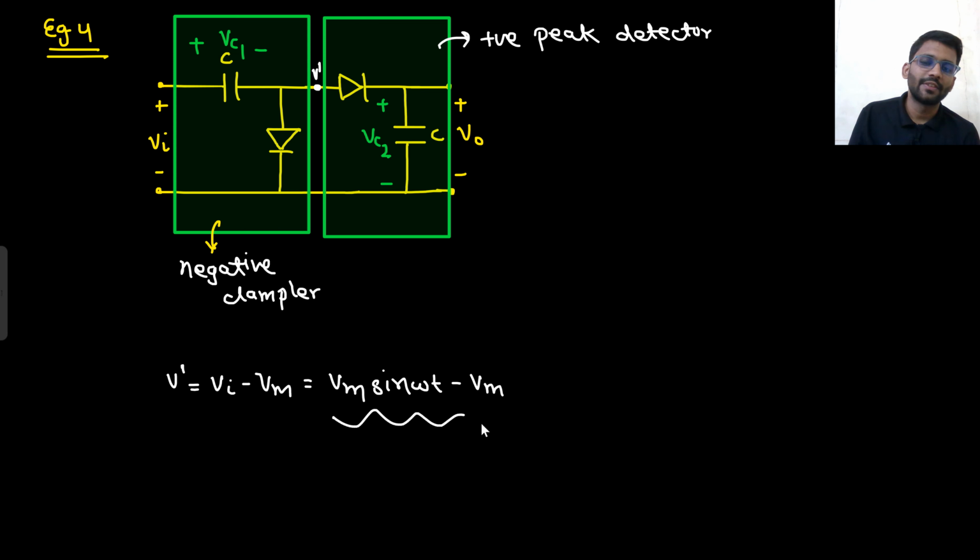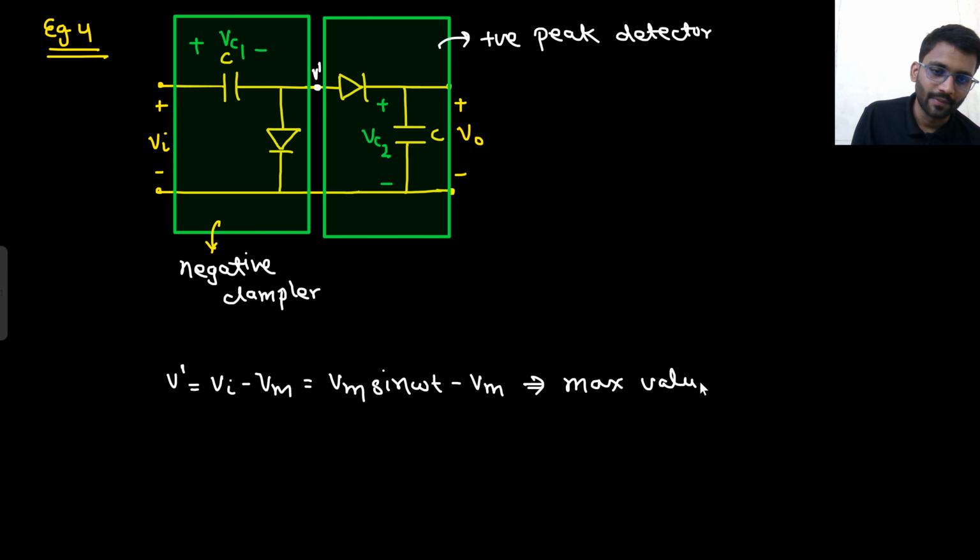What is the maximum value of this function? 0. The maximum value is 0. So what will be your output? V0 will be 0 volt. Well and good.